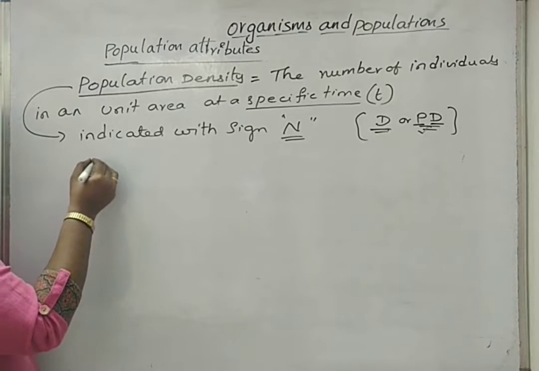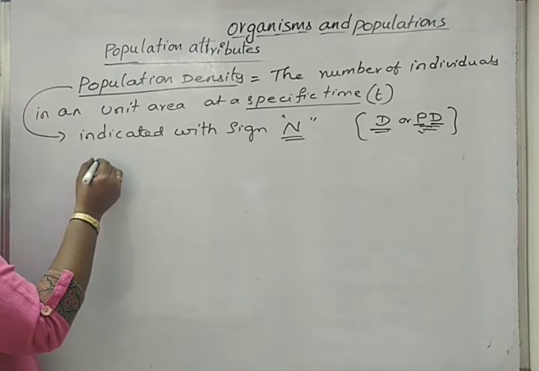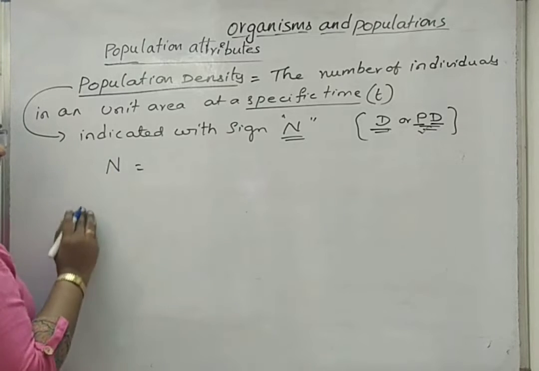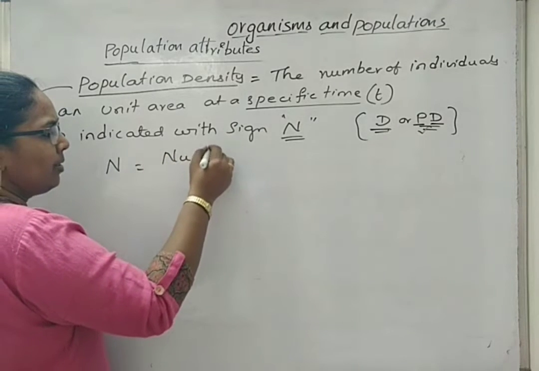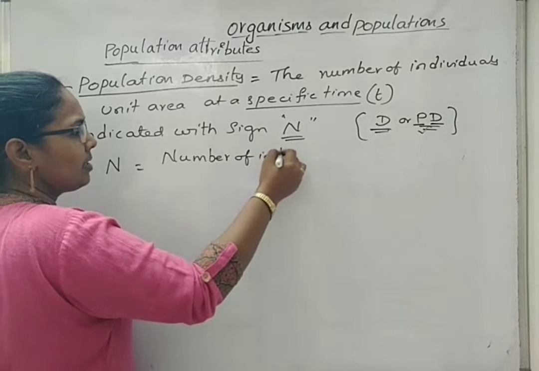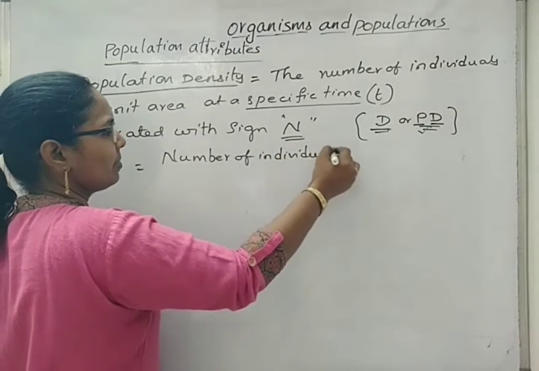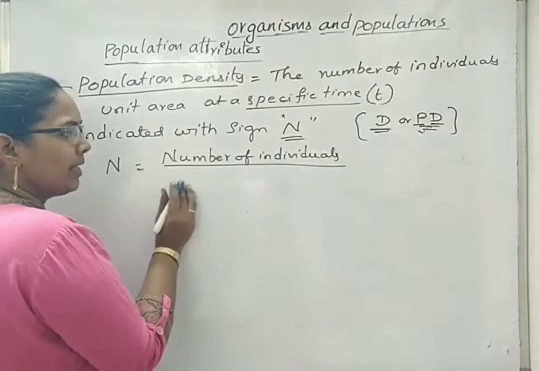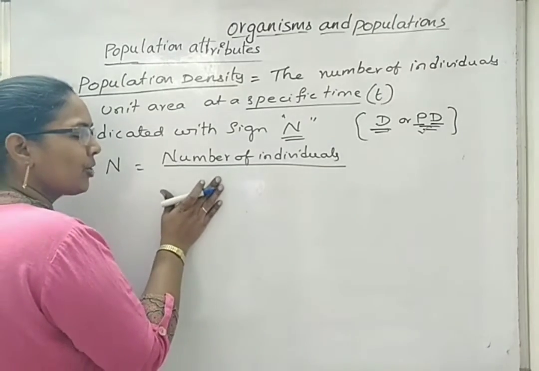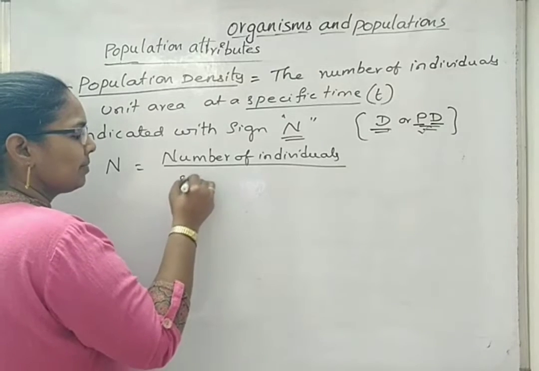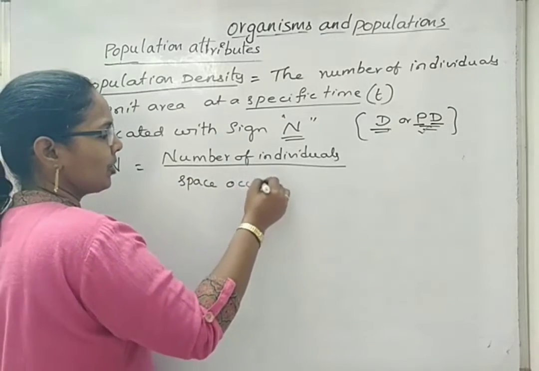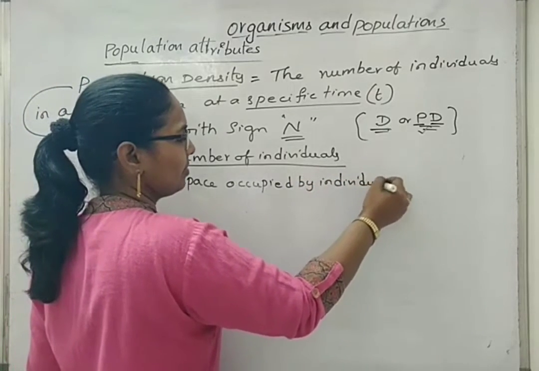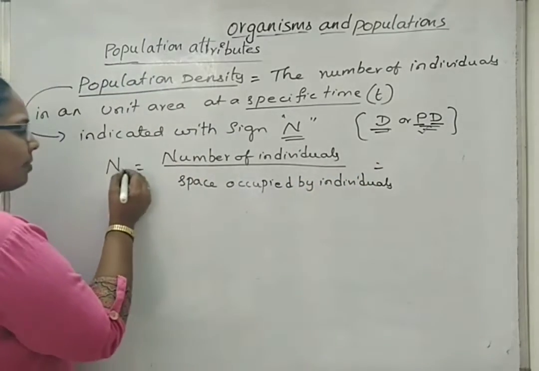So here there is an equation to calculate population density. N is equal to the number of individuals per the space available for the individuals, or the space occupied by the individuals, at a specific time.